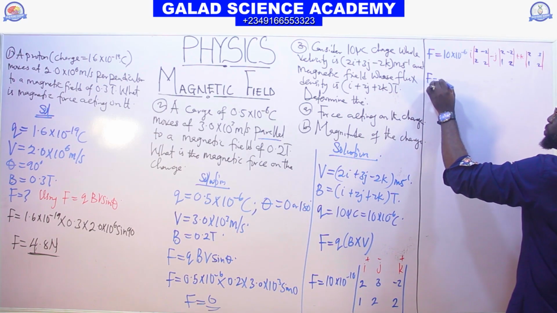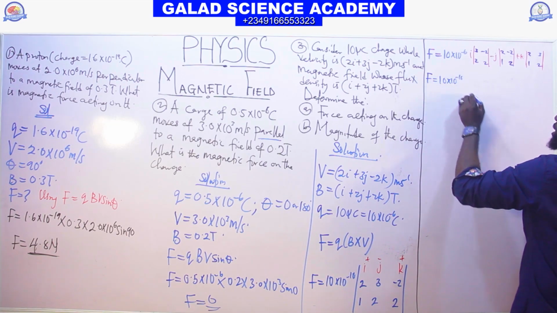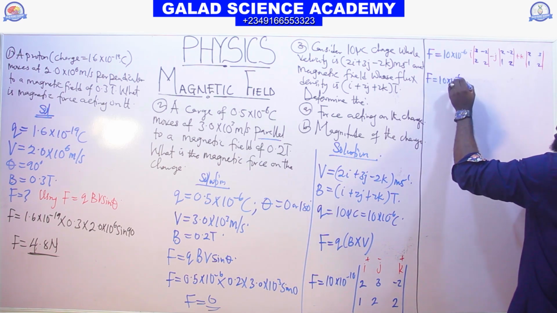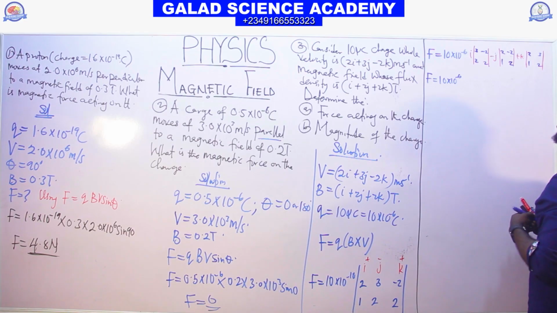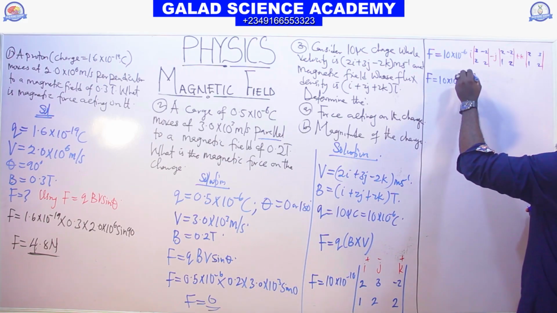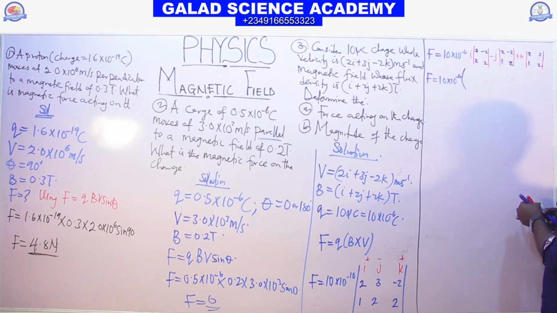Okay. So the next thing here is our force will be 10 times 10 to the power minus 6 into the bracket.